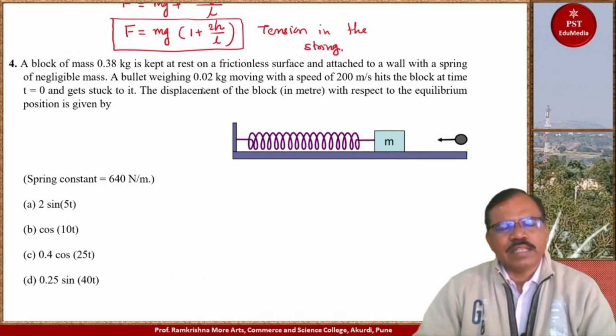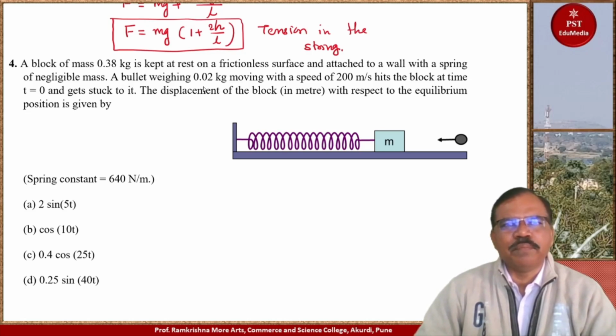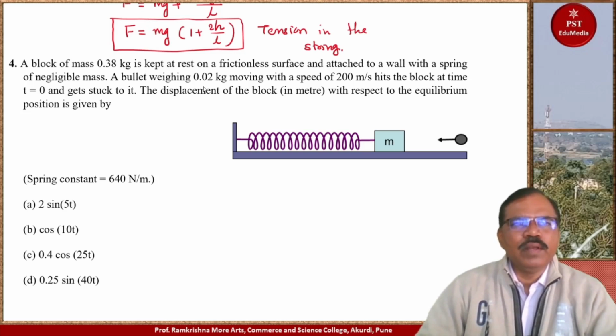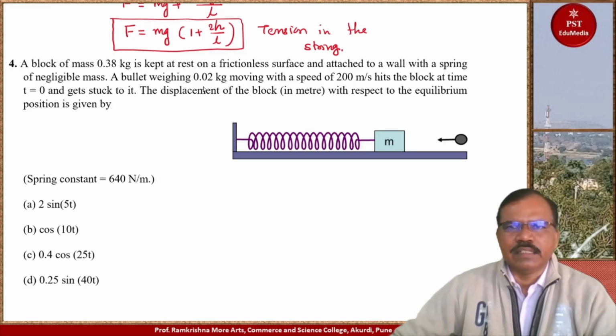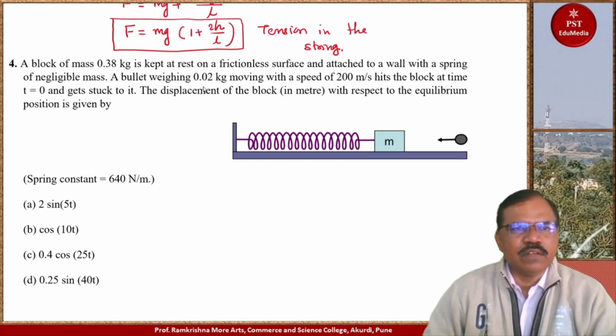A block of mass 0.38 kg is kept at rest on a frictionless surface and attached to a wall with a spring of negligible mass. A bullet weighing 0.02 kg moving with the speed of 200 meter per second hits the block at time t equal to 0 and gets stuck to it.